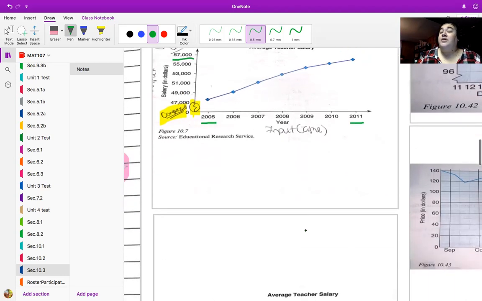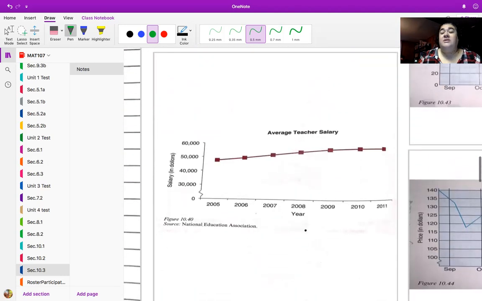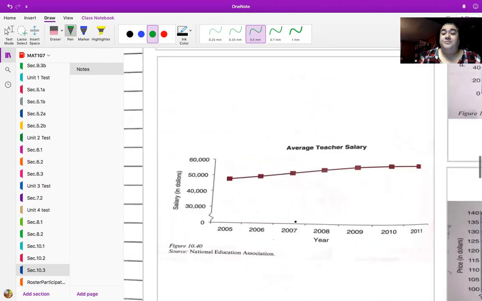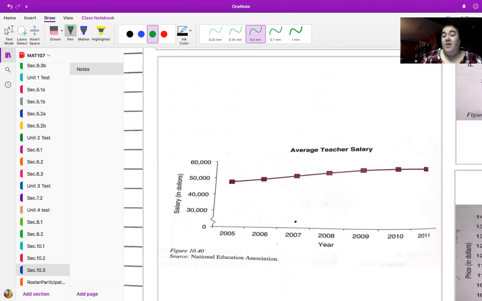Now, the union, which is trying to argue that teachers need to be paid more, uses the same data, and they start out by trying to be forthright, telling you once again that they've compressed their scale. However, look at how they are counting. They are counting by 10,000 every time. By doing this, you'll notice that the increase is barely noticeable at all.